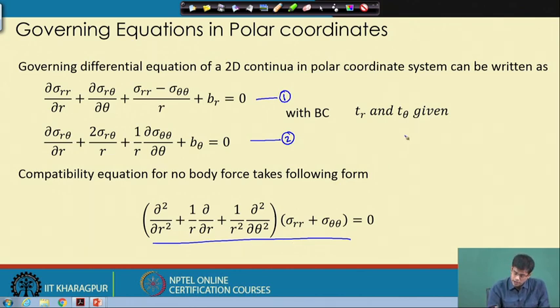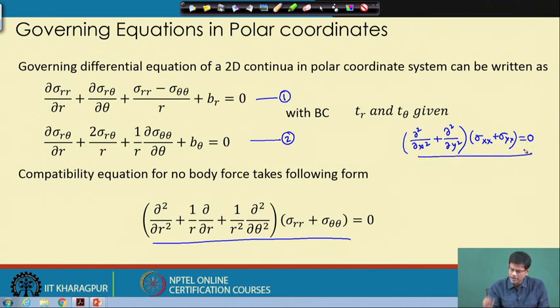For instance, in the Cartesian coordinate system, we get del squared by del x squared plus del squared by del y squared of sigma x plus sigma y equals 0. So, this is the compatibility equation we get in the Cartesian coordinate system, and this is sigma r r plus sigma theta theta in polar form.